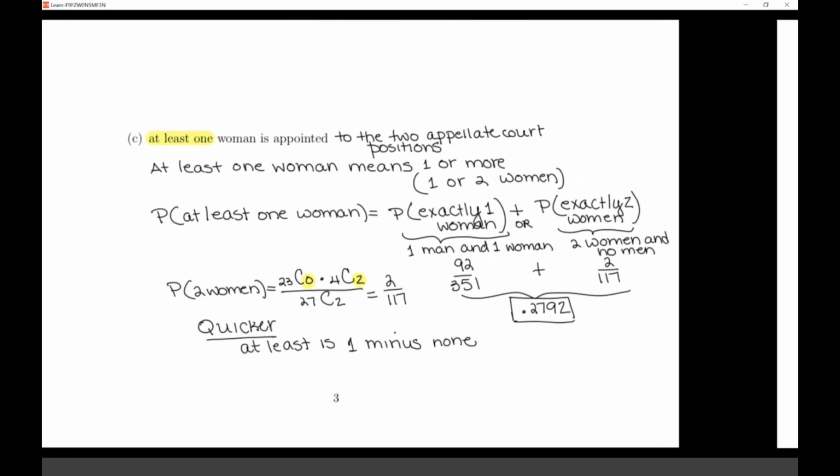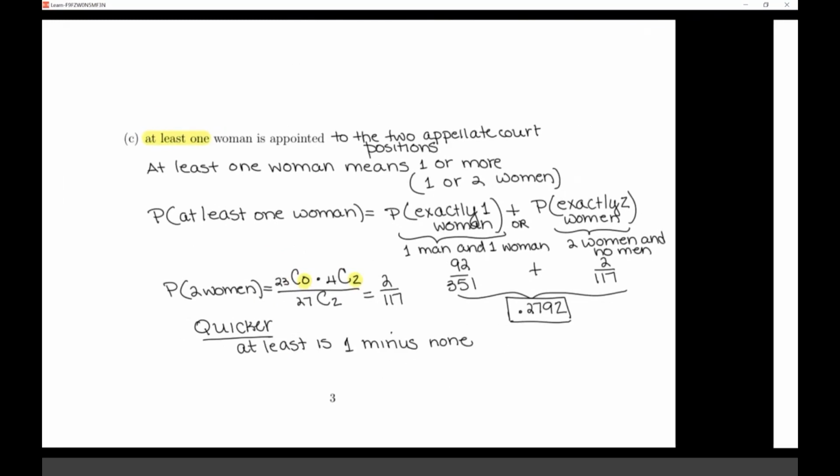Okay, remember we talked about the complement principle, that if you are interested in something not happening, you're going to subtract it from one. Well, in this example, at least one means one or two. What's left over? Well, there's the possibility that no women wind up being chosen. That's the only thing that would be left over.